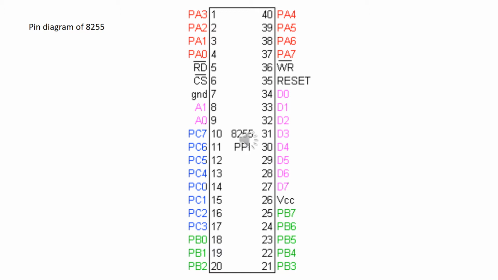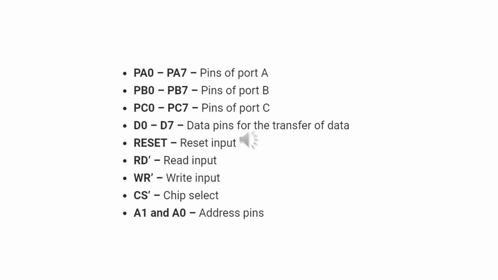Then as usual we have the ground pins and the VCC pin. Two pins are meant for reading or writing, that is pin number 5 and 36. Pin 35 is the reset pin. This is what I have already mentioned, the different pins and their meanings.